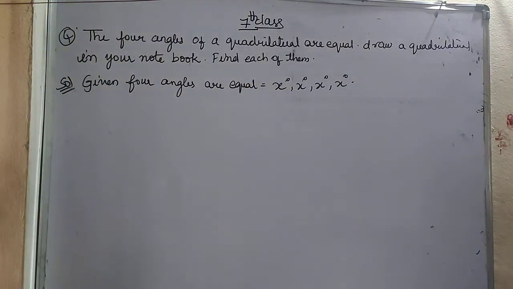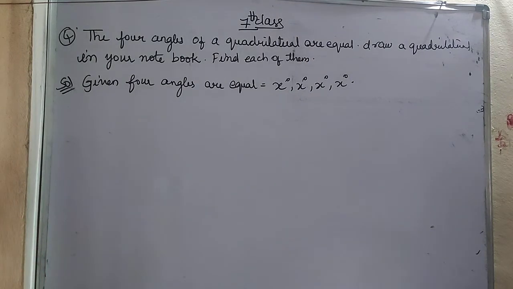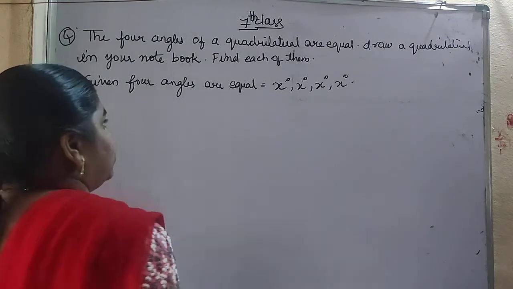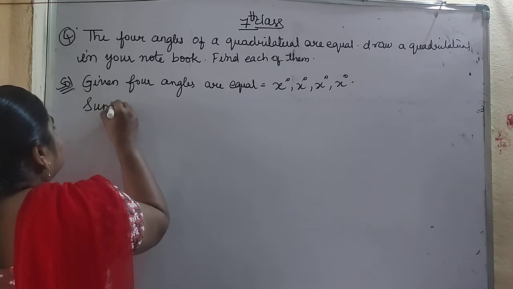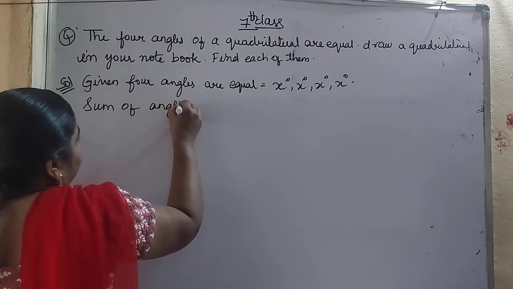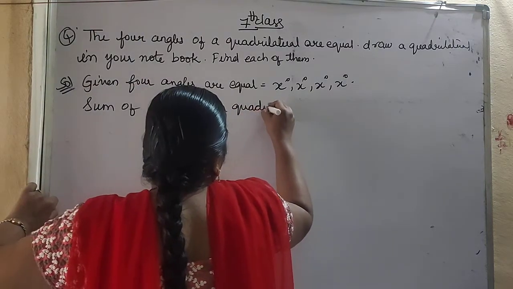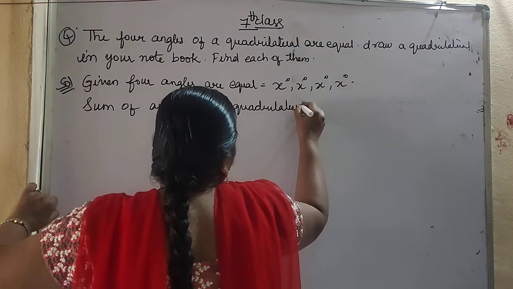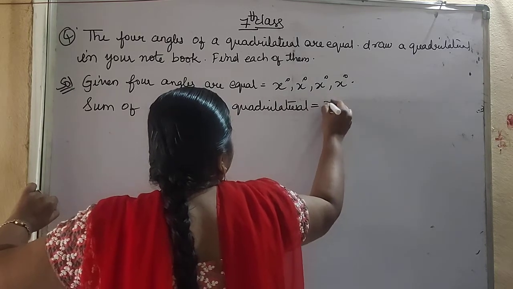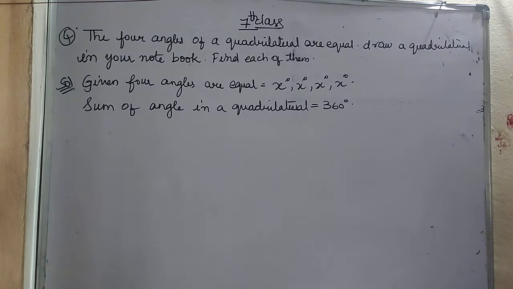Now we have to find all four angles, and we know that the sum of four angles in a quadrilateral is equal to 360 degrees. So if you add all this, that should be equal to 360.